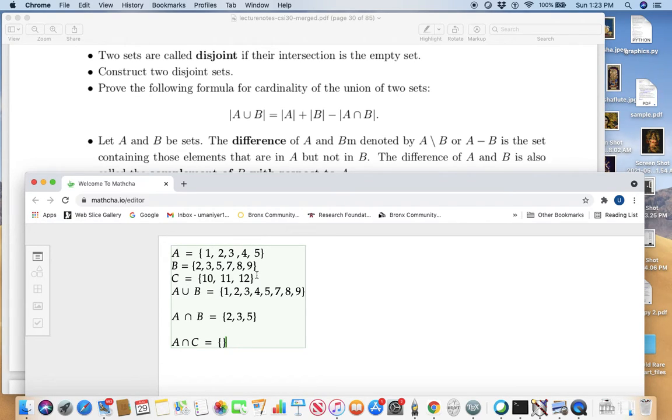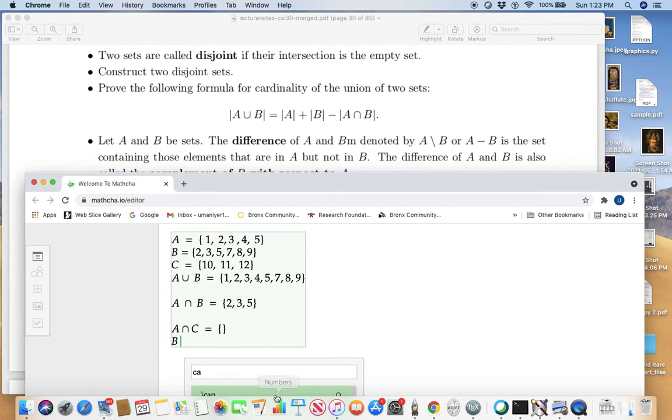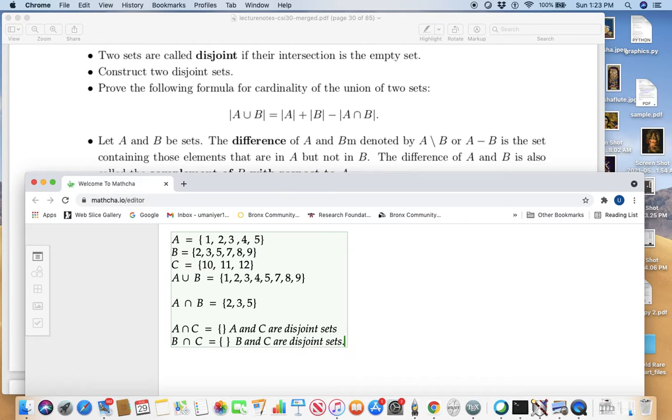C is 10, 11, 12. So there's nothing common between A and C. There is nothing common between B and C as well. So A and C are disjoint sets. Likewise, B and C are disjoint sets.